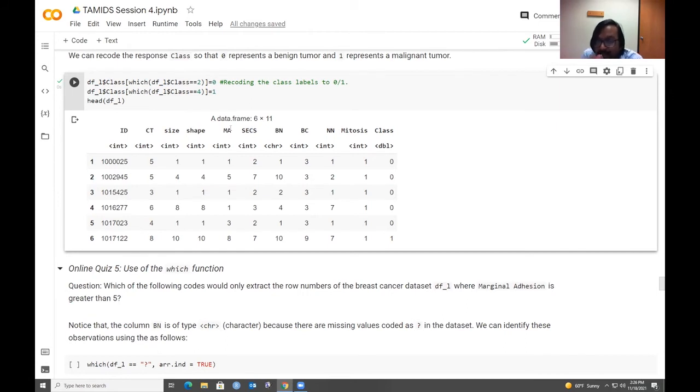A nice idea to solve this particular poll would be to go to your own Google Colab and actually run the options and see what you get.